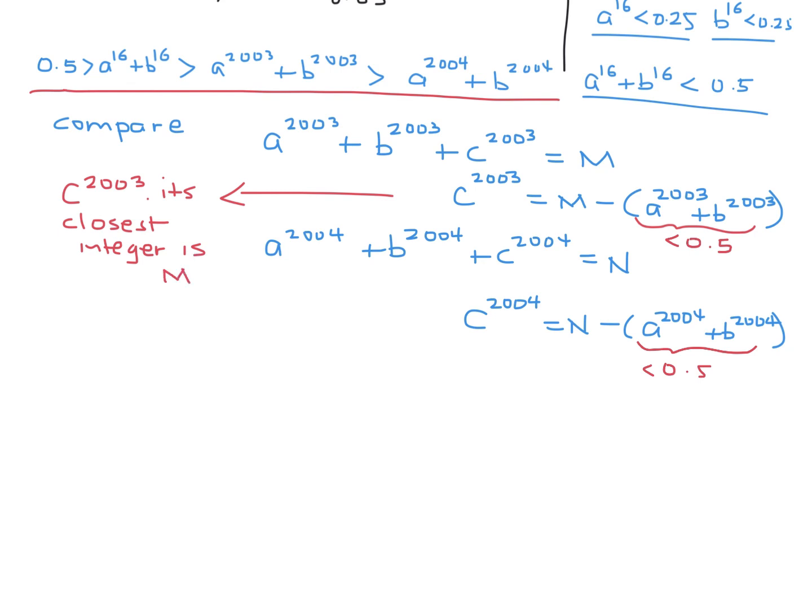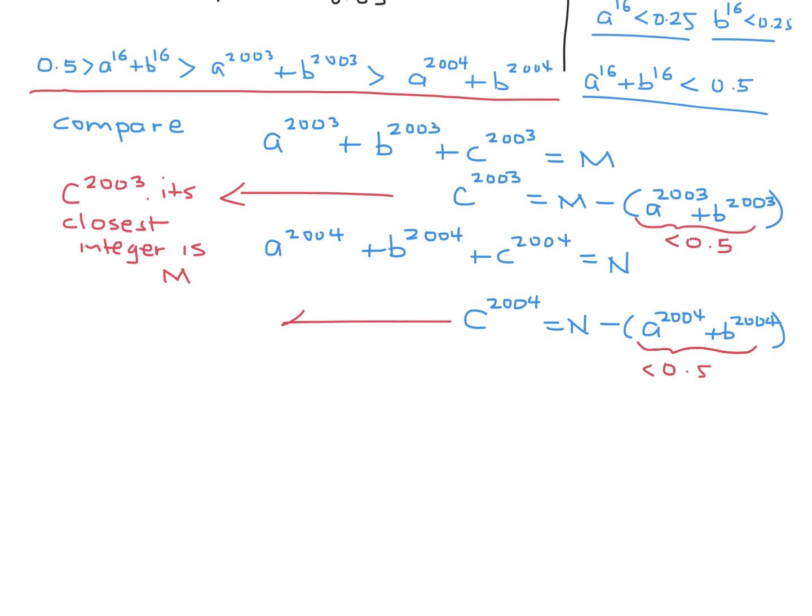Okay, so for example, if c to the power of 2003 was 7.4, and this guy up here was 0.4, then m is 7. That's basically all that's saying. So hopefully that's not too abstract.